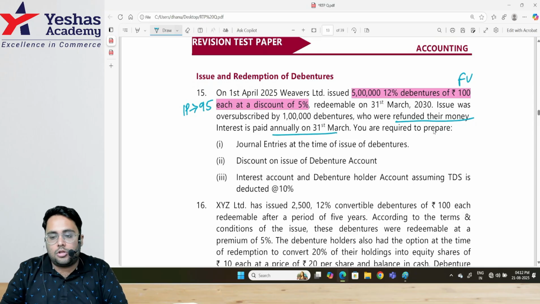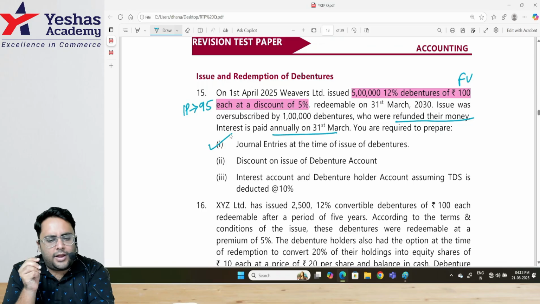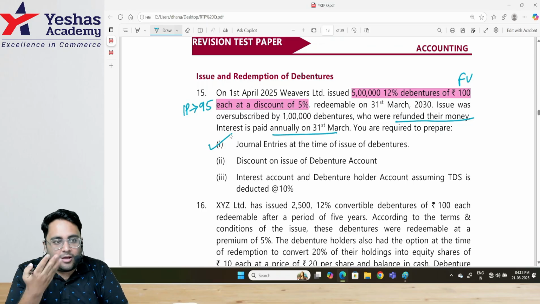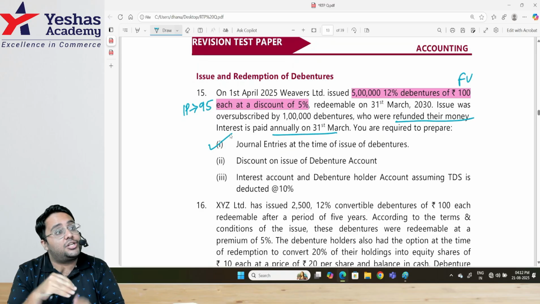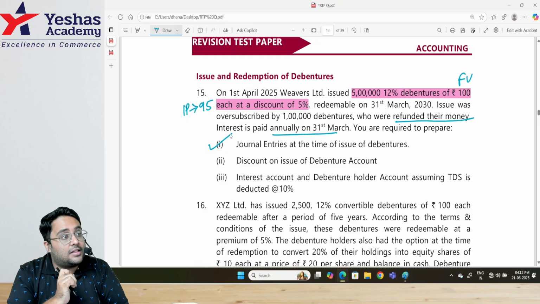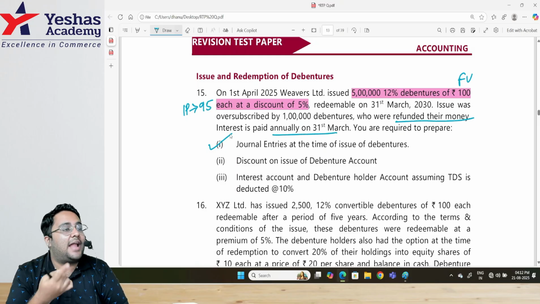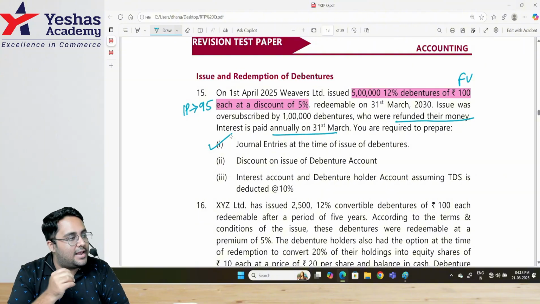You are required to prepare journal entries for issue of debenture. You tell me. First, what will you record? Bank account debit to debenture application and allotment account. How much? 6 lakh debentures into 95. Why 6 lakh? Oversubscription of 1 lakh.